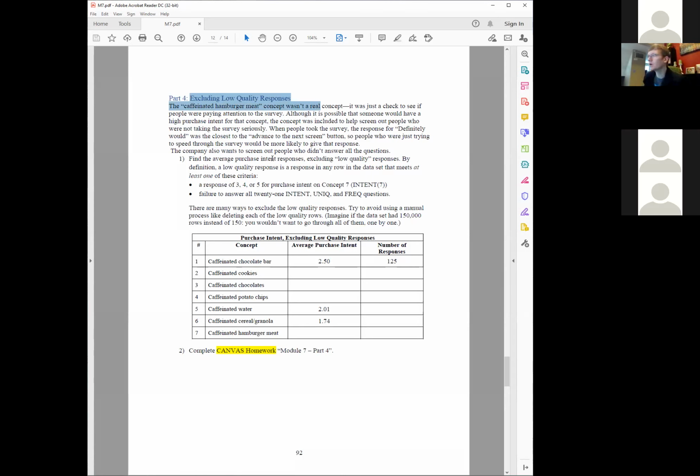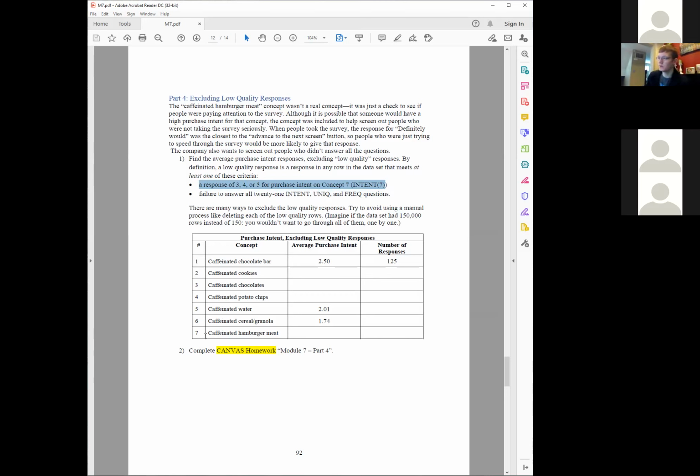A low quality response is any response in the survey that meets one of these two criteria. So for example, if they put a 3, 4, or 5 for concept 7, specifically concept 7, then we're just going to throw away all their answers.